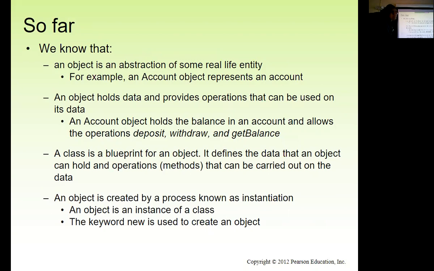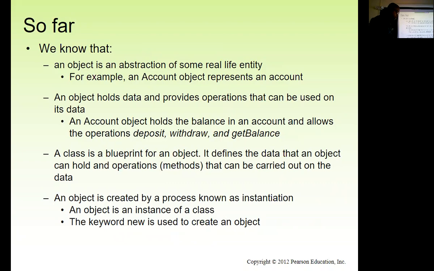And that generally is done by using a class, which is the blueprint for an object, and then we can create instances of that class, and of course, each instance becomes a separate object. And we did an example last week with a count, and we also looked at the data and the operations associated with that.